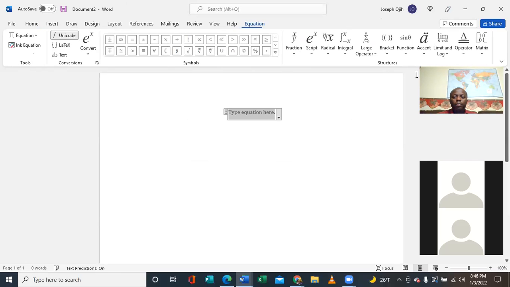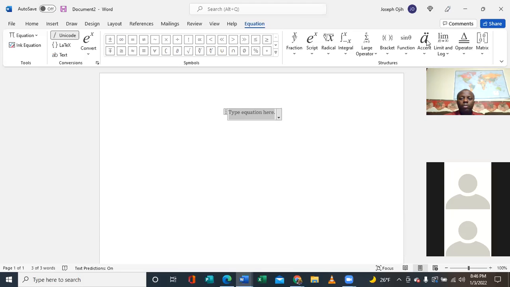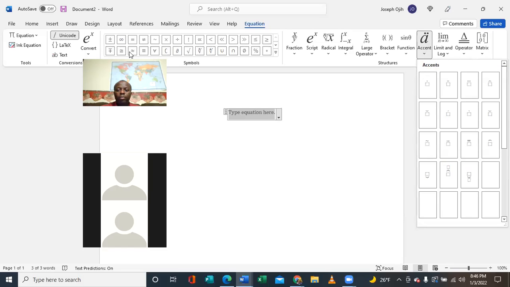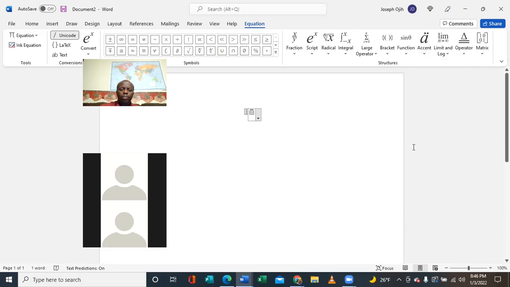This is what will give us that character, x bar. See, it's x bar equals 26.3.